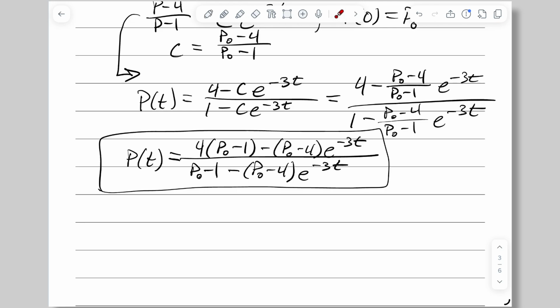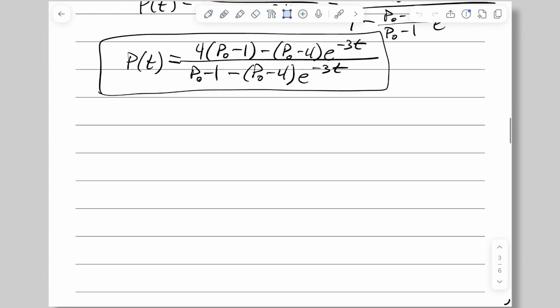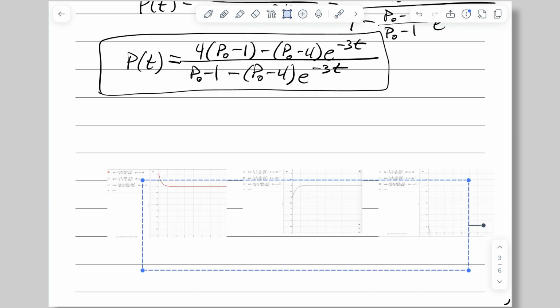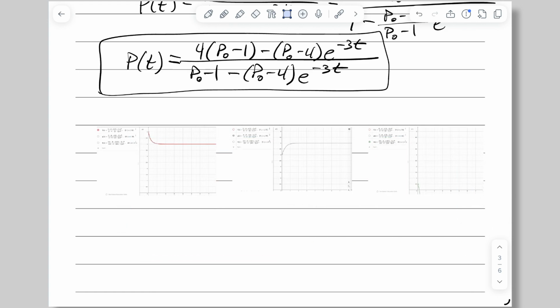And we find different values depending on what P naught is, and we'll pick representative values from each of the indicated intervals from earlier. Now in our instructions, we were actually asked to graph solution curves using a graphing utility, and I've done that here.